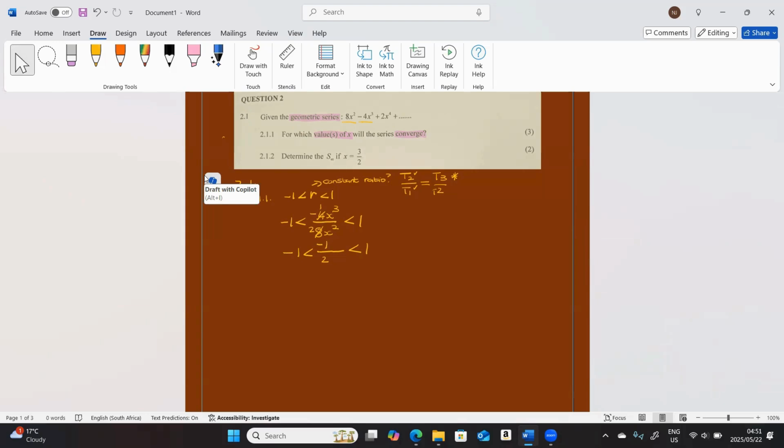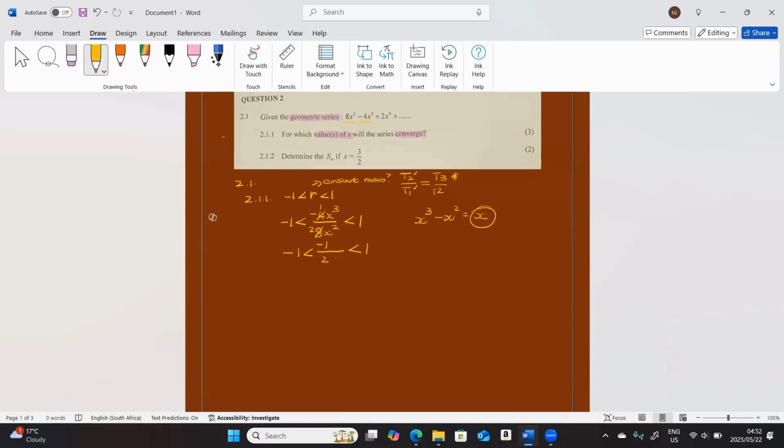But remember, when we're working with fractions, we know we are dividing these two bases, right? And the law of exponents says that when we divide bases, we subtract powers. So we know that we have to say x to the power of 3 less x to the power of 2, and that is going to give me just x to the power of 1, which is x, right?